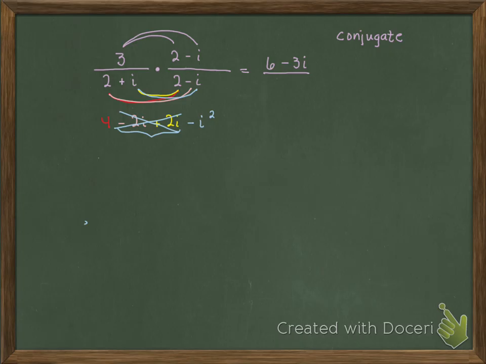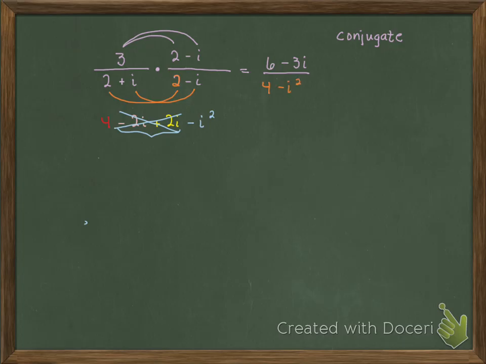Always. So basically what that means is that the only parts of this that you need to worry about multiplying are these real parts here. So 2 times 2 is 4. And then the imaginary parts right there, minus i squared.